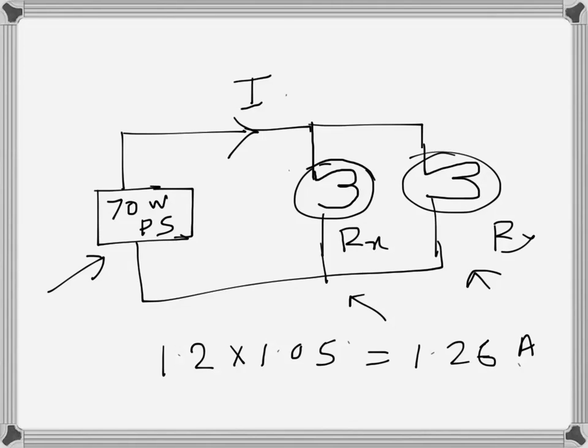So when this current is 1.26 ampere, the total power that these two bulbs will be consuming is 70 watt, because the power supply is of 70 watt.